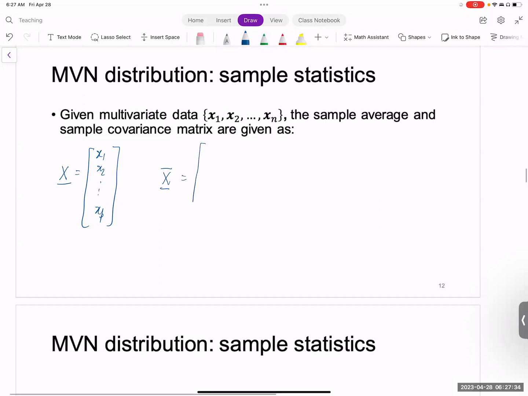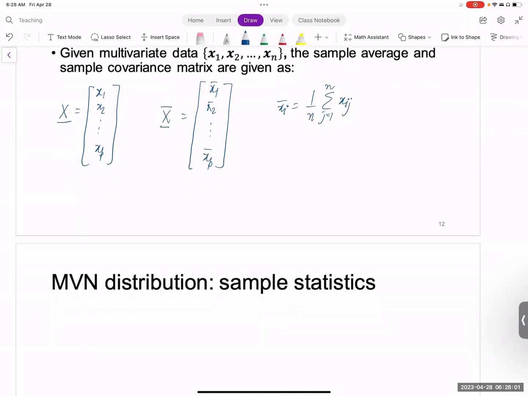This is nothing but x1 bar, x2 bar, all the way up to xp bar, where xi bar is equal to 1 over n summation of xij, j equal to 1 to n. And that's pretty much it. We've just put everything in vector form. That's all we have done here.